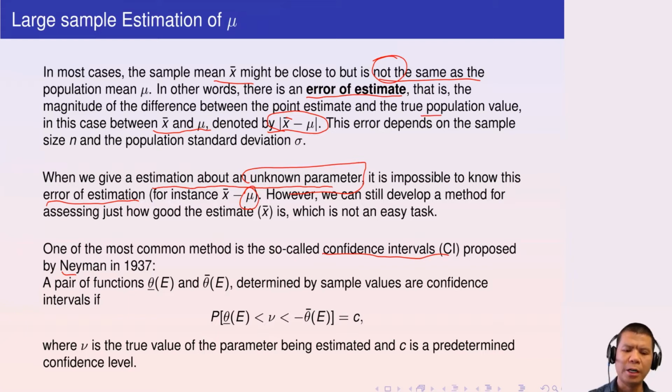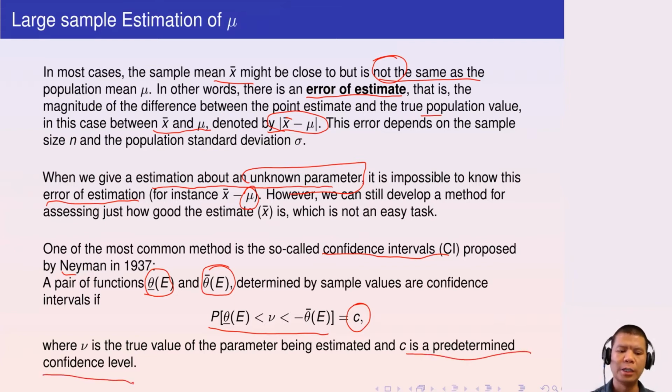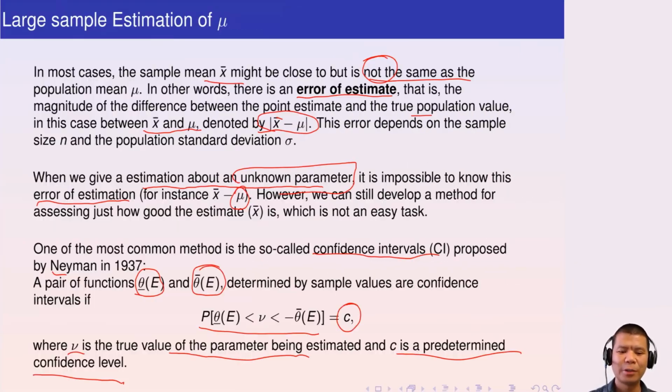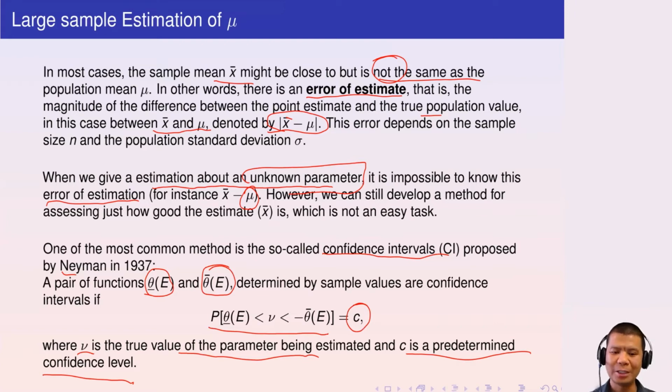If we can find a pair of functions, a lower bound and an upper bound, such that the probability that the true value of the parameter lies between them is C, where C is a predetermined confidence level, then we can figure out an interval.